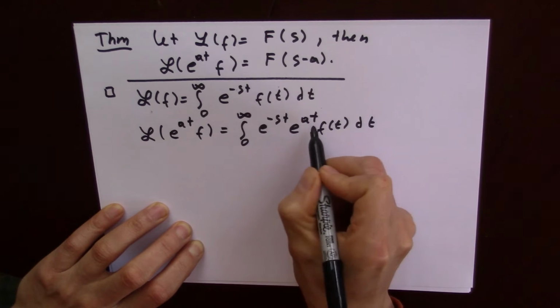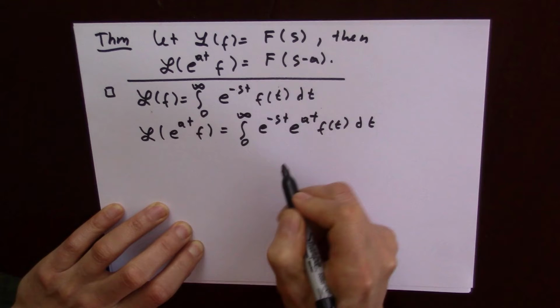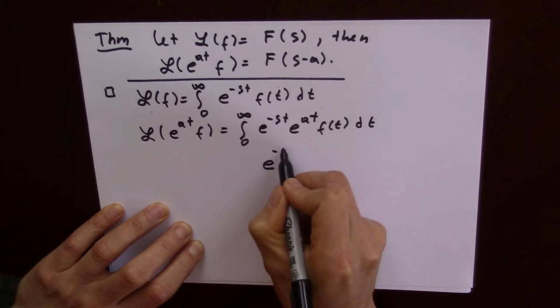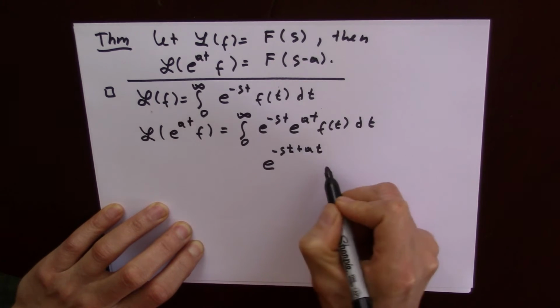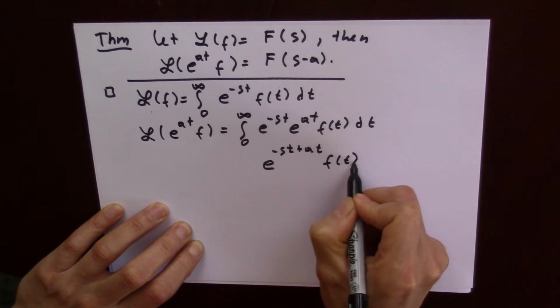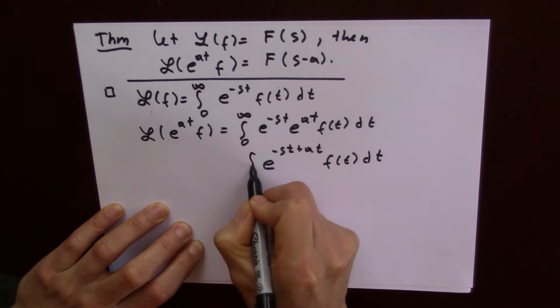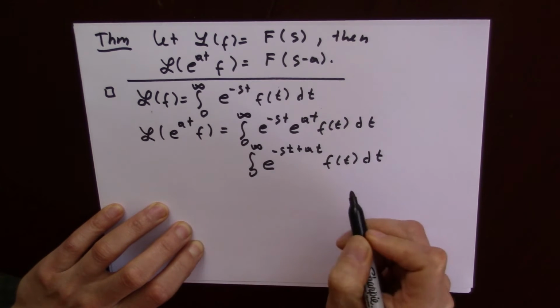Now we combine the powers of e, so we're going to get e to the negative (st plus at) times function f of t dt, integral 0 to infinity.